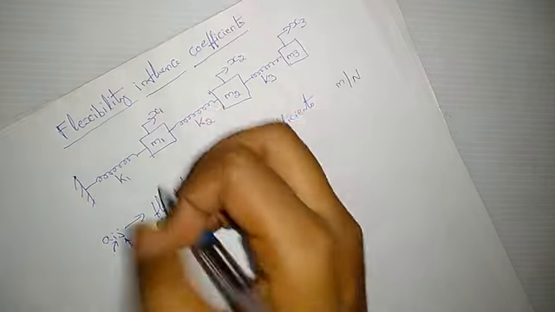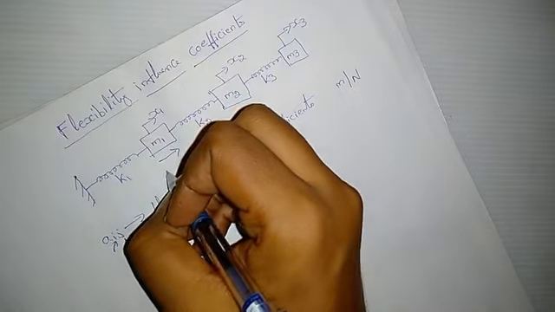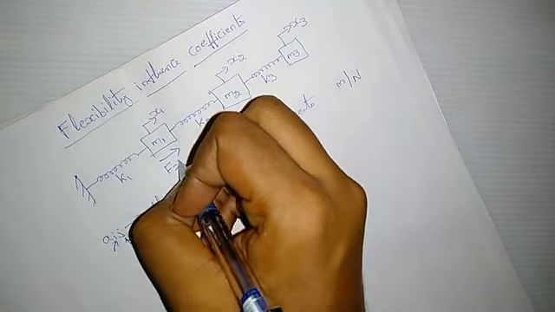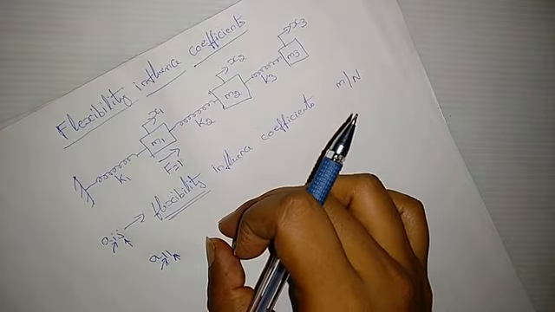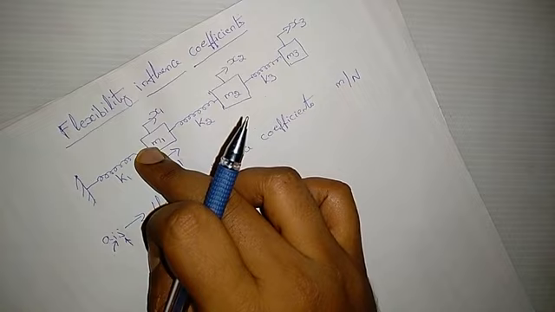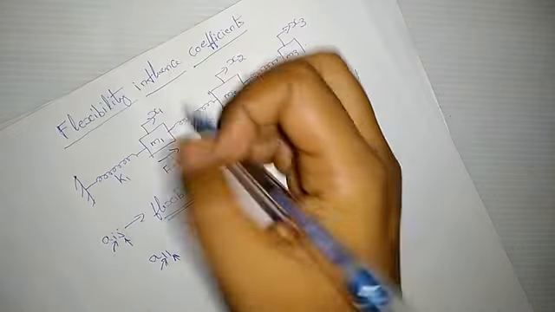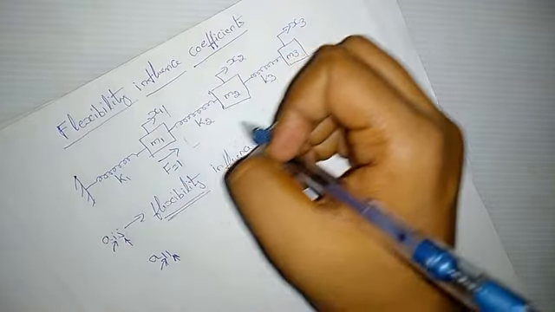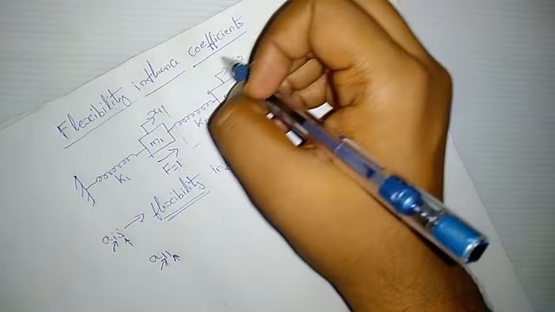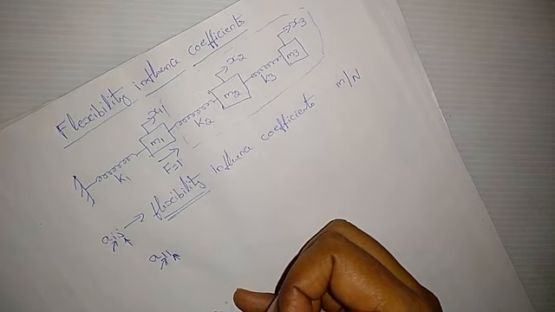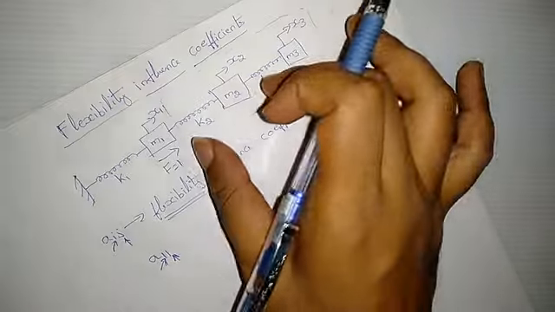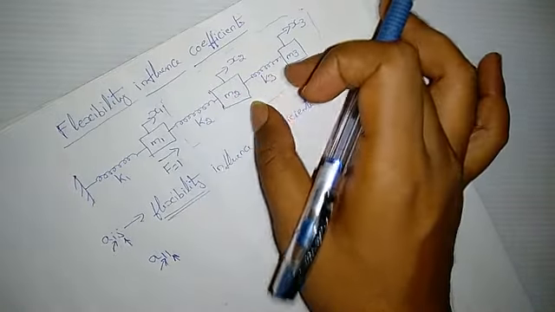So when you apply, say, a unit load of 1 to this mass, what happens? This spring stretches, and this whole portion has a rigid body motion. What is rigid body motion? That is no deformation. So there is no deformation in this spring or this spring or anywhere in this portion.